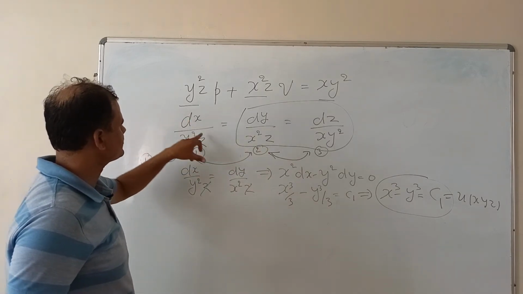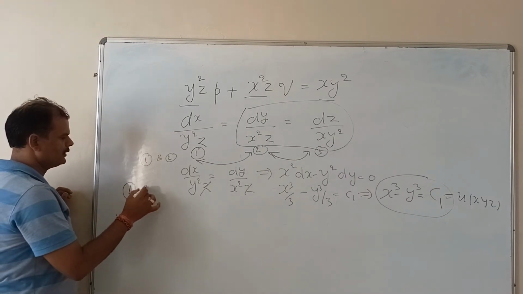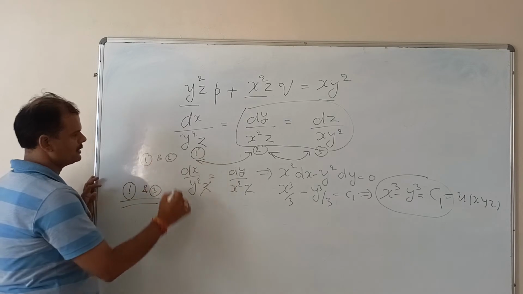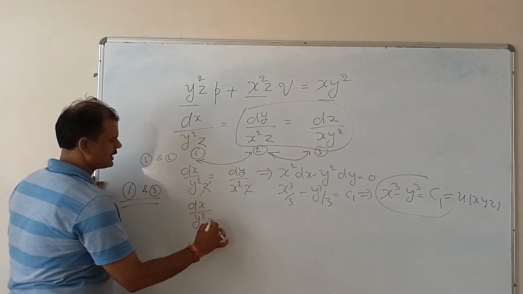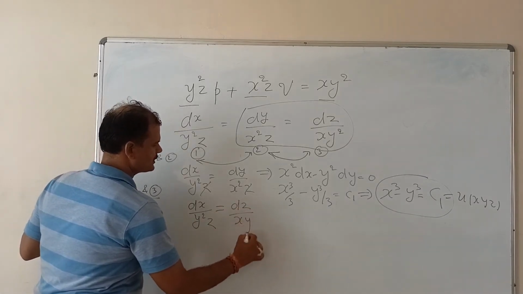So y square will cancel, giving x dx minus z dz. I am taking 1 and 3 here. You are free to take any fractions, in any ratios. So 1 and 3 means dx by y square z equal to dz by x y square.